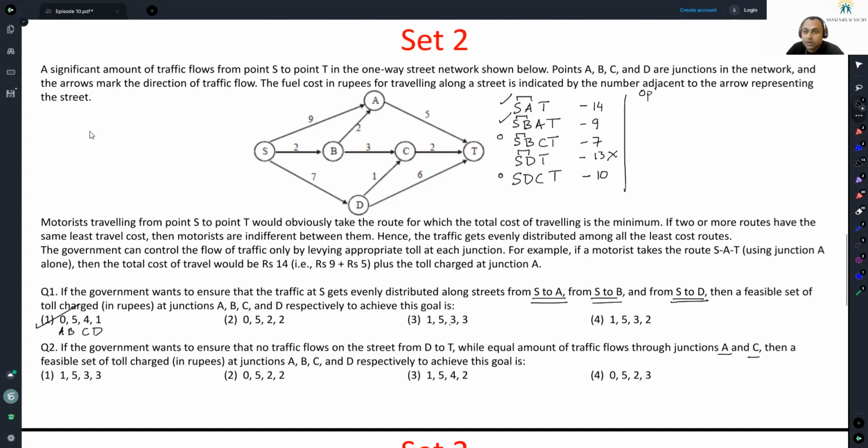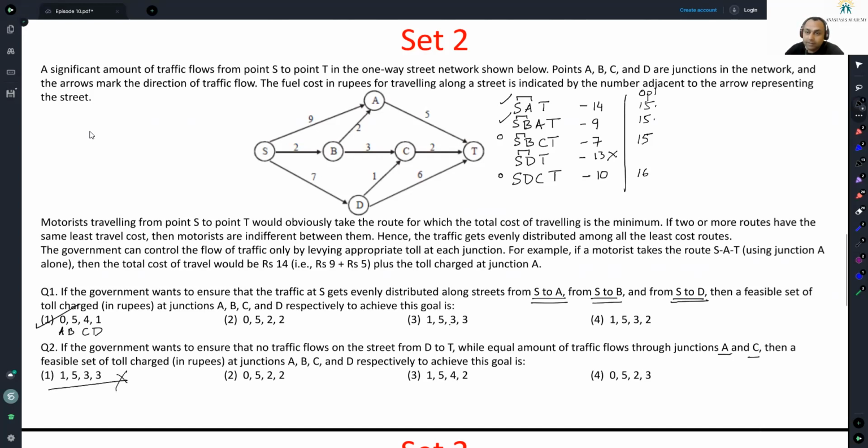So let us look at the options all over again. 1, this becomes 15. 1 and 5, 6 more. This also becomes 15. SBCT 8 more. This also becomes 15. And SDCT 6 more. This becomes 16. And therefore, this is an unacceptable choice. Can you see?